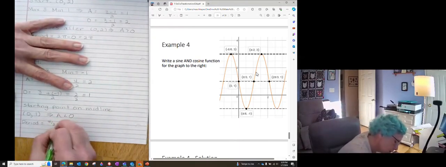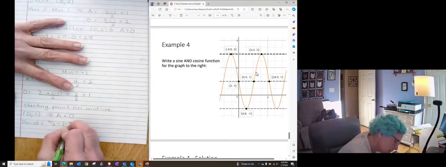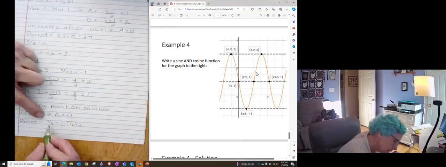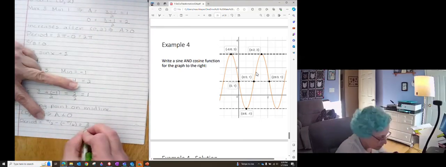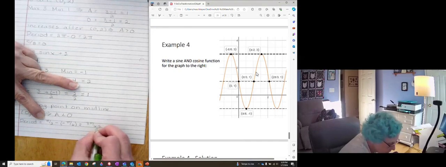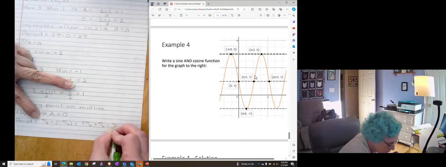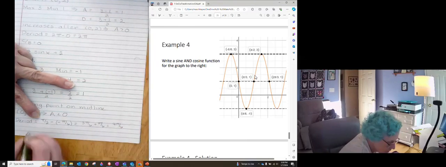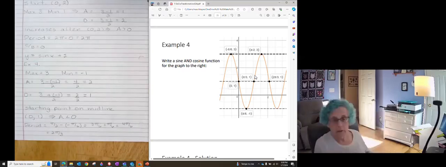So pi over 2 minus negative pi over 6. Well, that's 3 pi over 6 plus pi over 6 is 4 pi over 6, which means my period is 2 pi thirds.